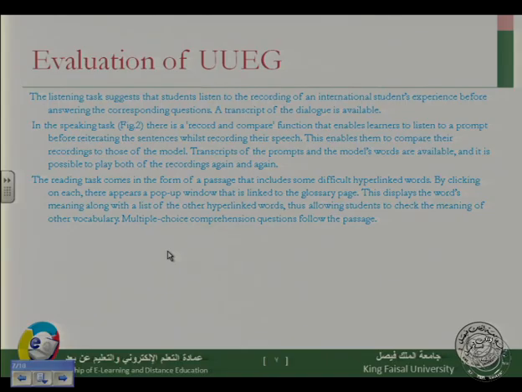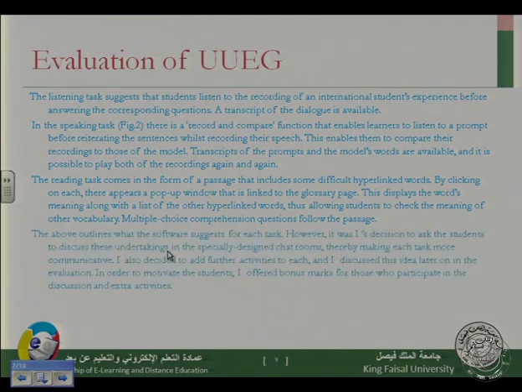If you click on them, it is connected to the glossary at the end of the book, where you can get the meaning of these words, thus allowing students to check the meaning of other vocabulary. Multiple choice comprehension questions follow the passage. So all of these are descriptions of chapter 1, just to get us involved in this chapter before we evaluate it.